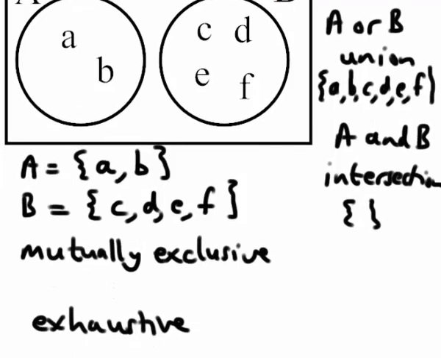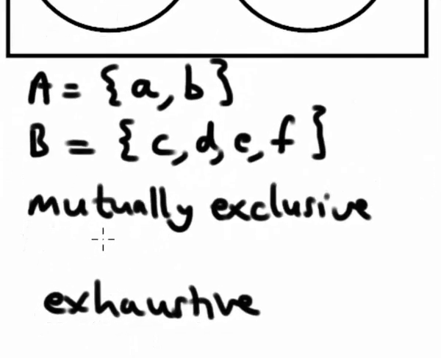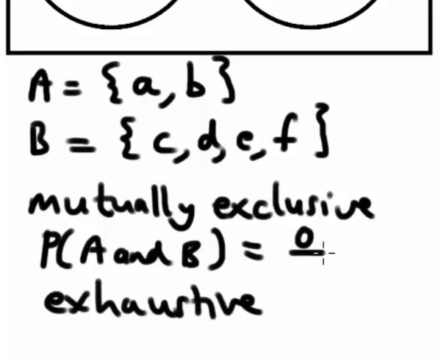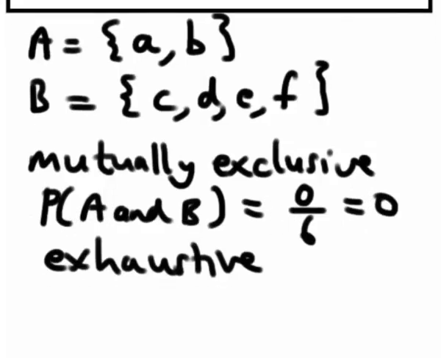Then we spoke of probabilities. Remember, with mutually exclusive, the probability of obtaining a letter of the alphabet in the intersection is 0. There's 0 chance out of the 6. So for mutually exclusive, the probability of A and B is 0. For exhaustive, all the elements of the sample space are contained in the circles.